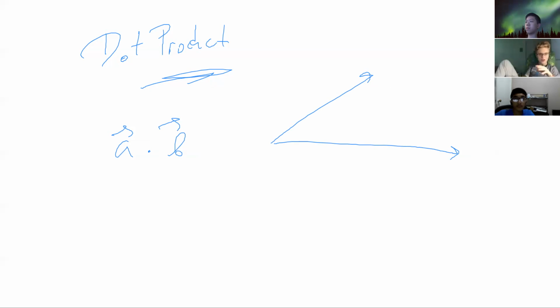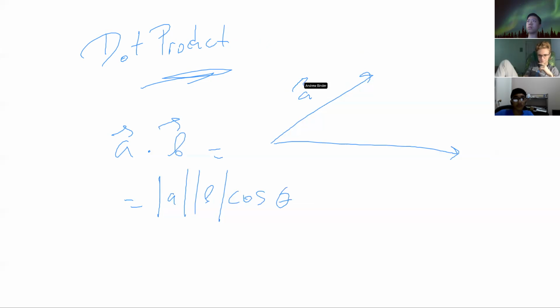The way the dot product is defined is A dot B equals the magnitude of A times the magnitude of B times the cosine of the angle between them. So if this is A, this is B, and this is theta, that's what A dot B is. A dot B is basically describing the impact or the effect that A has on B. It's really weird. Conceptually, dot products are really confusing, but essentially, that's our way of faux multiplication.